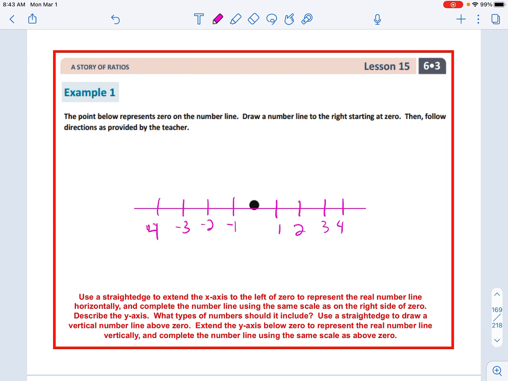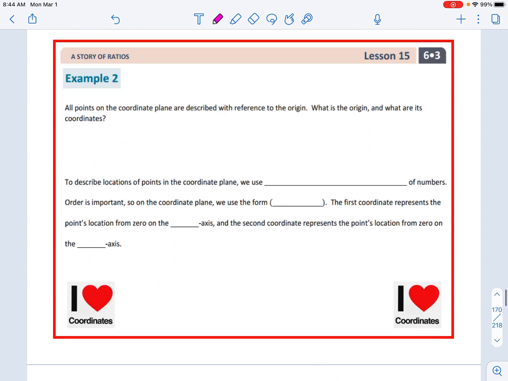Now we're not done because this is my x-axis, I need my y-axis. So pretty much what a coordinate plane is, a horizontal number line and a vertical number line put together. That's what it is.